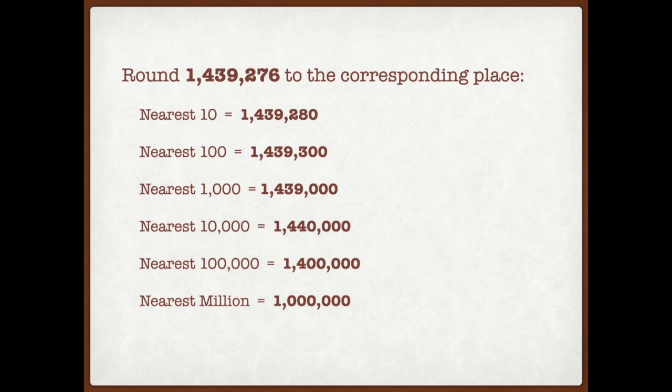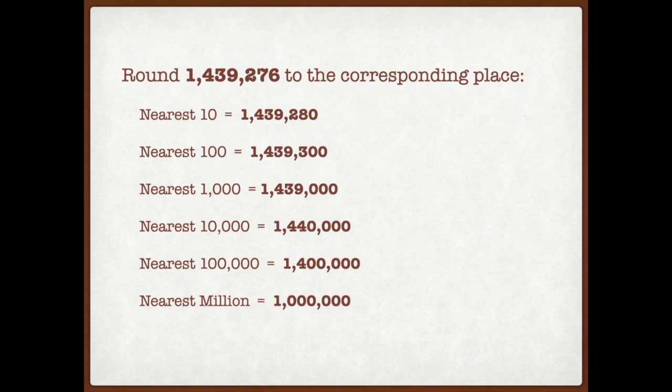So basically, I'm going to go ahead and turn that to a 0. That 2, that 7, that 6 becomes zeros. And I do not add a 1 to the 9. So it just stays 1,439,000. Okay, so that 9 does not get a 1 added to it.